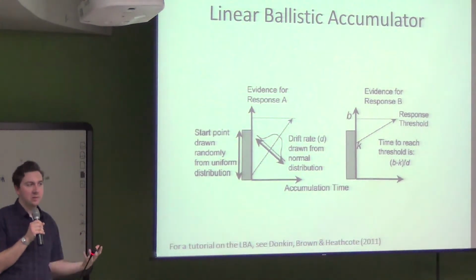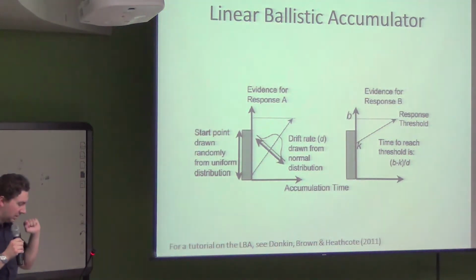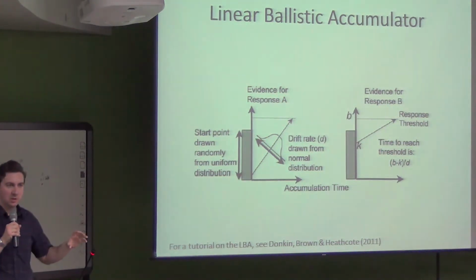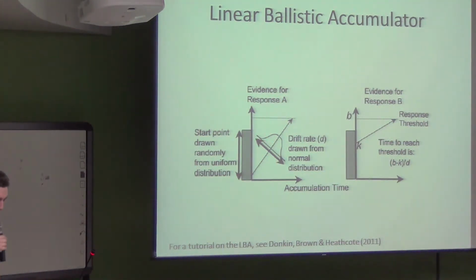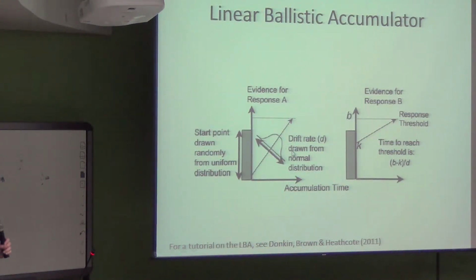It allows you to explain things like the types of speed accuracy trade-offs that you see, along with the different types of fast and slow error response times. So there's been a lot of work done showing that this is actually a decent model to use. There's been some recent work showing that it is potentially too flexible, and if you don't make specific assumptions about the type of distribution for the drift rate, you can really fit any response time distribution.